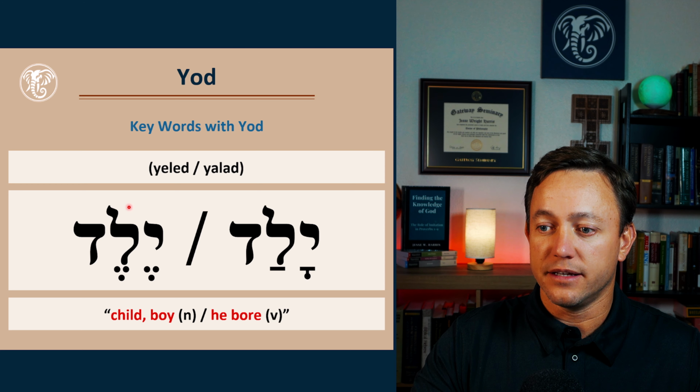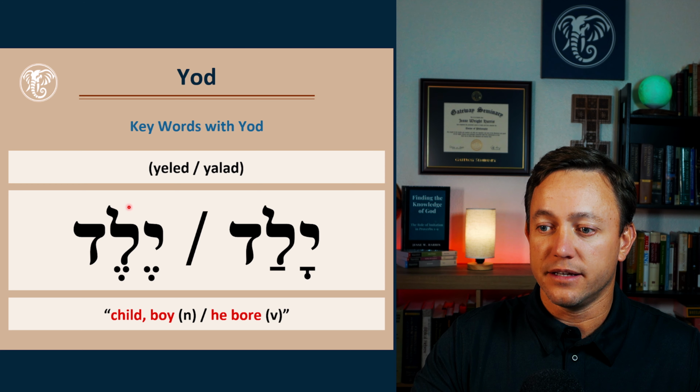Now, this might seem a little weird for us, perhaps in English or in modern times, as we think about he bore, because we typically think of a woman bearing a child. But in ancient times, it was typical for people to think of the man planting the seed, if you will, sort of like you would into the ground, and then the plant or the tree grows out of the ground.